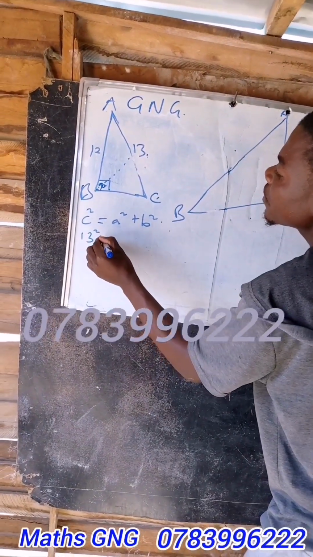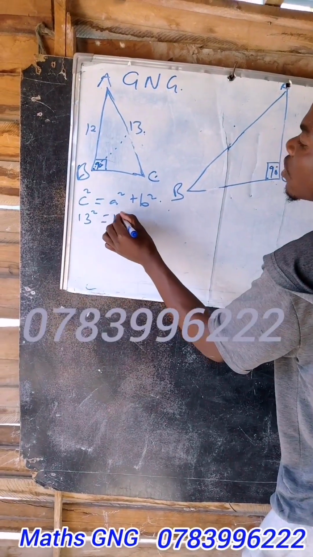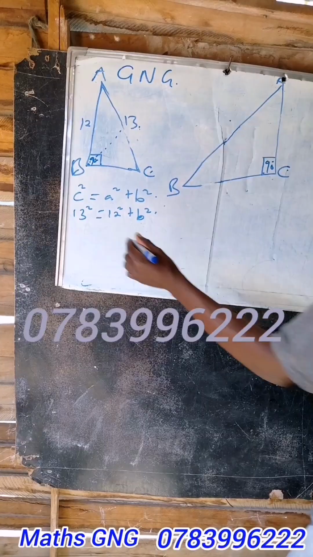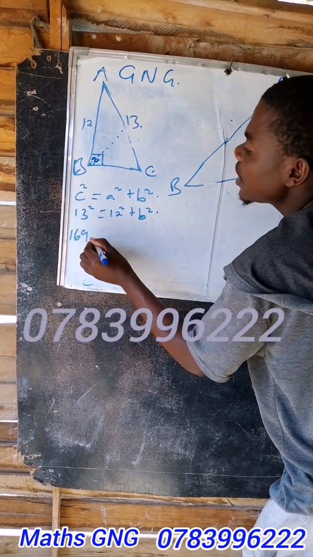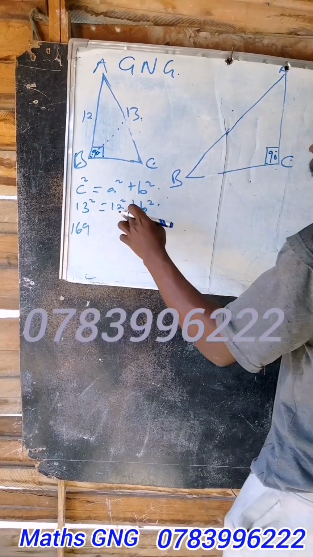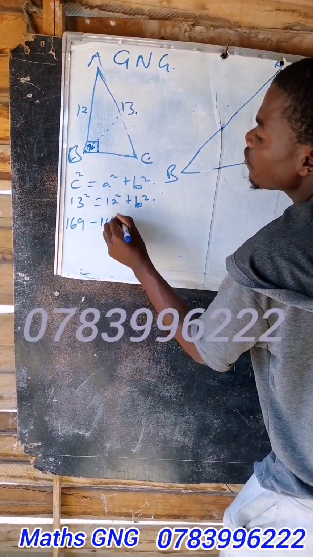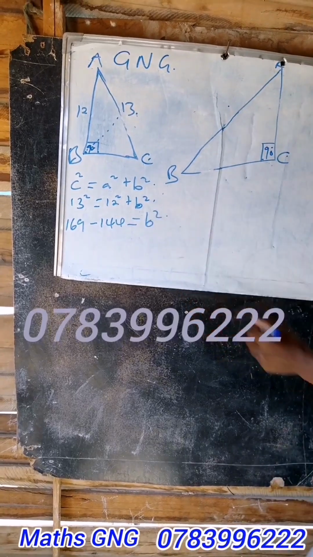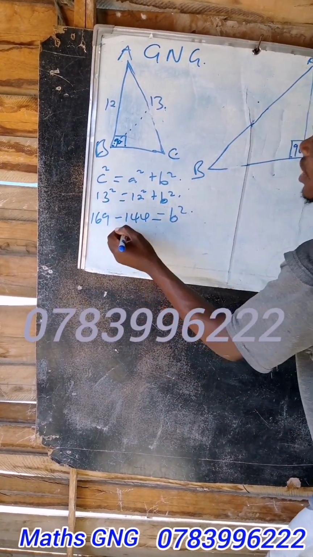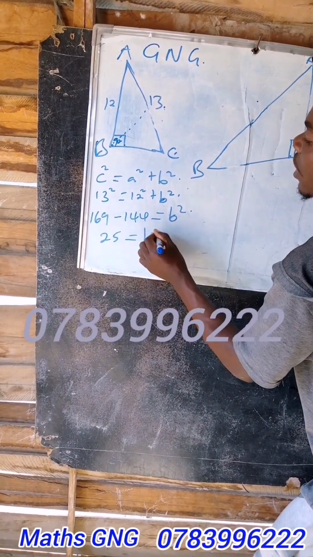It is 13 squared is equal to, let me take our a squared to be 12, 12 squared plus the missing side, let me call it b squared. So 13 squared is 169. Then 12 squared, what do we get? 144. Then we group like terms: minus 144 is equal to b squared. 169 minus 144, we get 25 is equal to b squared.